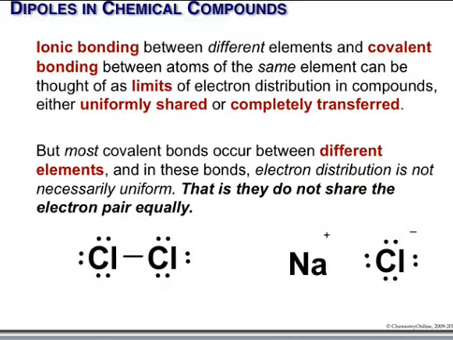Whenever you have the same 2 elements in a covalent bond like this, so CO2, H2, all those guys, we have perfect sharing. Yes, we do. But if we have a covalent bond between different elements, we'll see that the sharing is far from perfect.